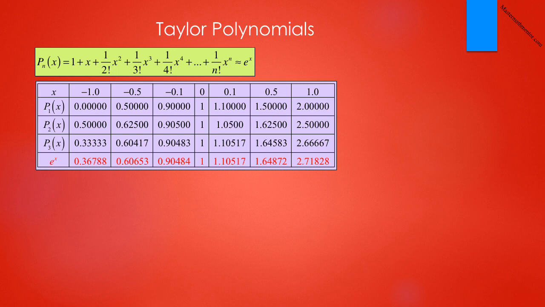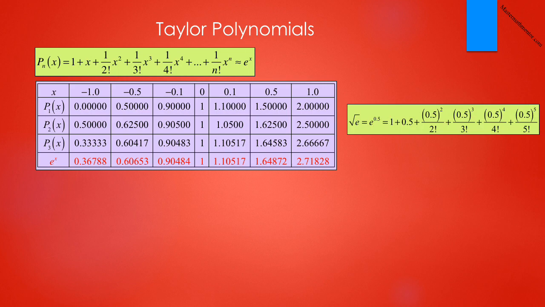However, as we get further away from 0, notice that the third degree polynomial does the best job of approximating the true value of e to the x, shown on the bottom row. So the more terms we have, the better the polynomial does in approximating the true value.